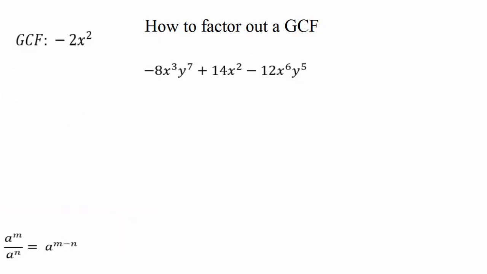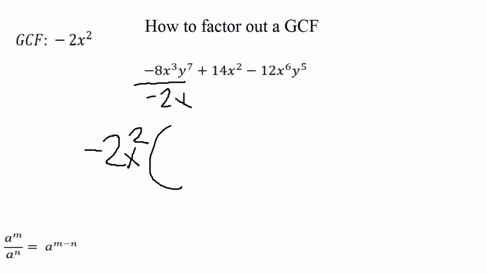All right. So we know that our greatest common factor is -2x squared. Next, we're going to factor it out of our polynomial. We bring our greatest common factor to the front, and to figure out what our polynomial is going to look like, we need to divide it out from each term.